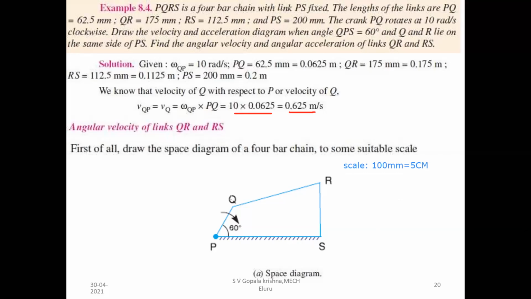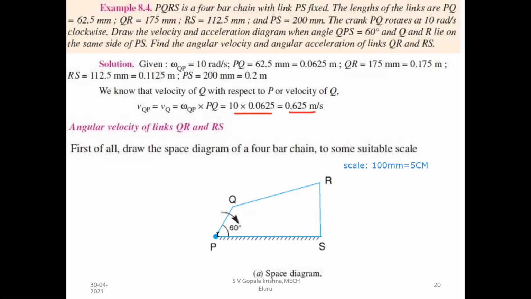Later you have to place the PQ. Before placing PQ, you should mark the 60 degrees angle with a protractor. Take the protractor and set up the 60 degrees angle.